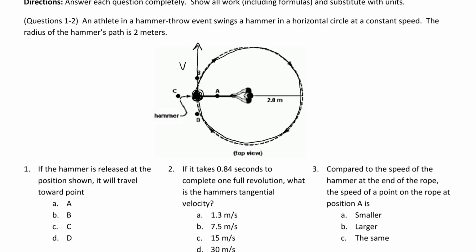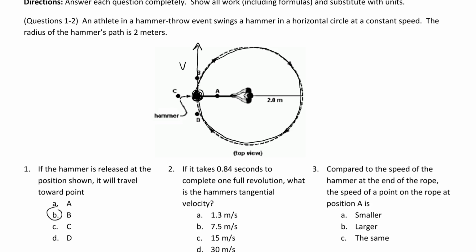And since it's going clockwise, it's going to go towards point B. If it was going counterclockwise, or anti-clockwise as some people from Britain say, it would go towards point D. So the correct answer for 1 is B.